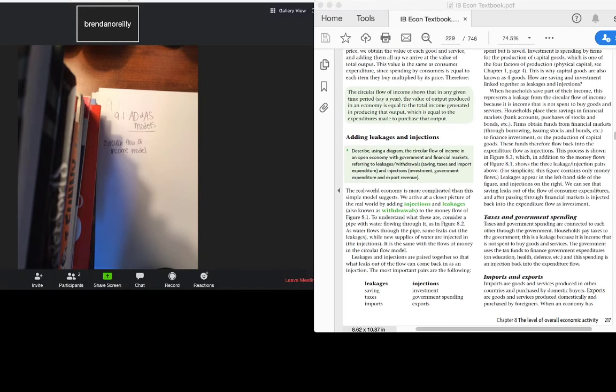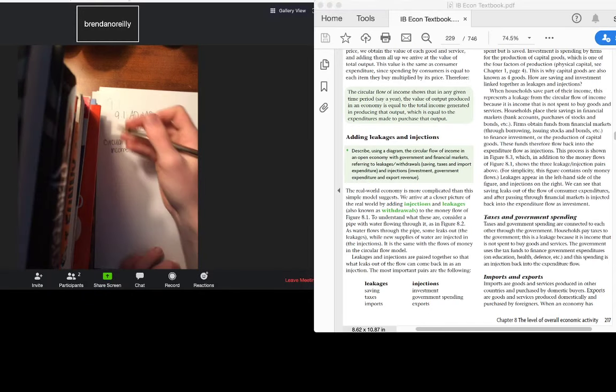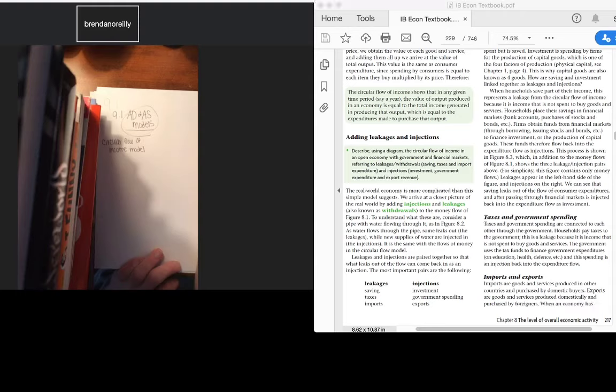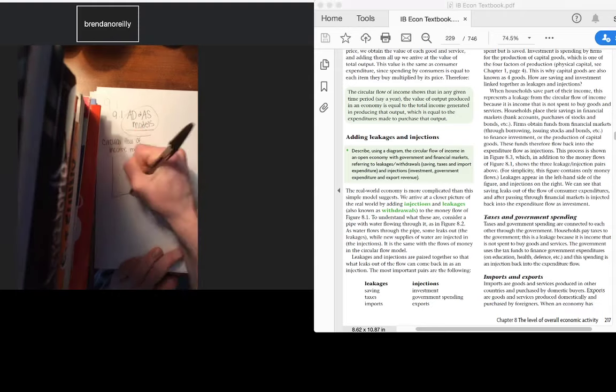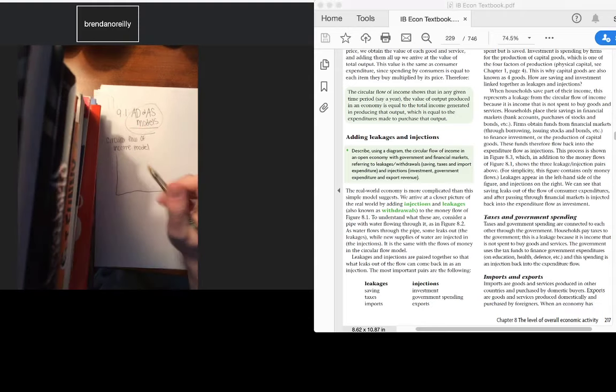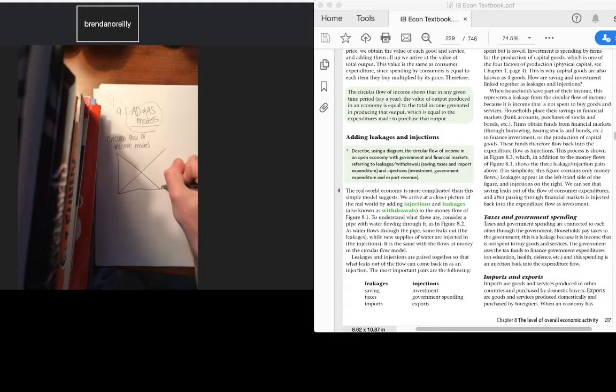And hopefully we're all familiar with the AD-AS model, which is a graph with a demand and a supply curve. This is the aggregate demand curve, which is the total amount of goods and services that individuals and households within an economy are willing and able to buy at any given price level.